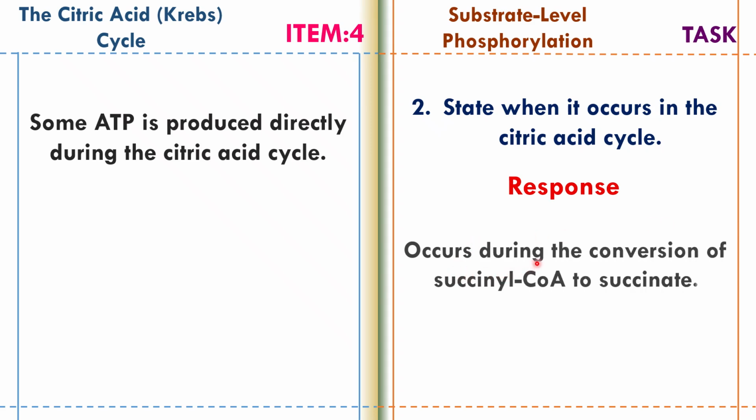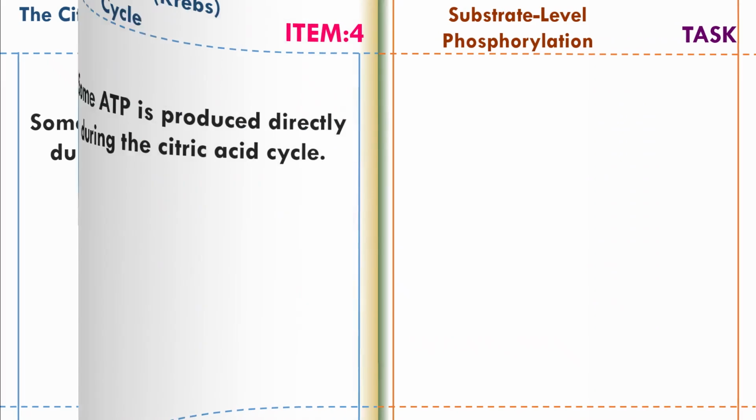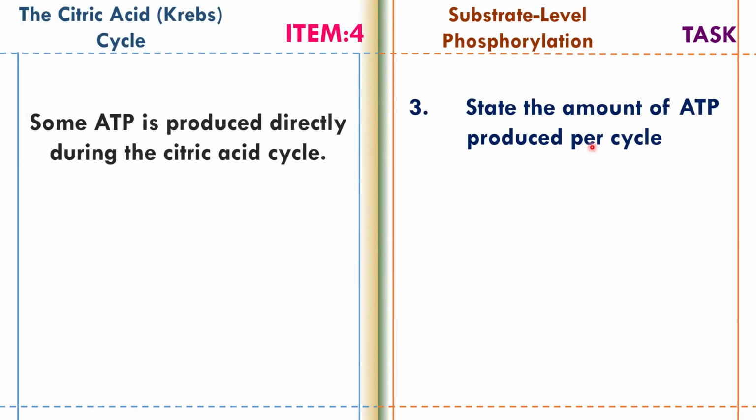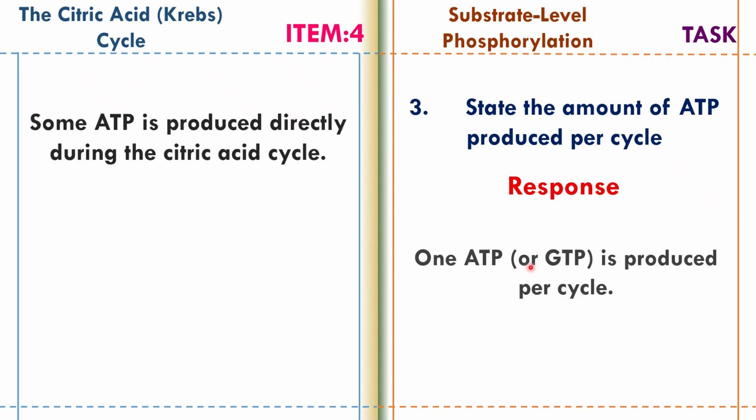It occurs during the conversion of succinyl-CoA to succinate. State the amount of ATP produced per cycle. 1 ATP or GTP is produced per cycle.